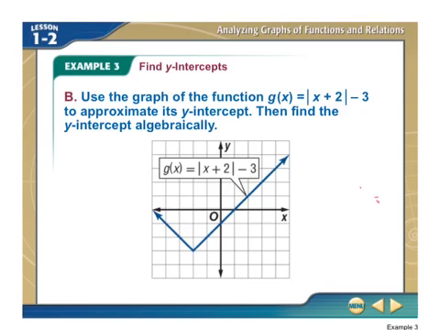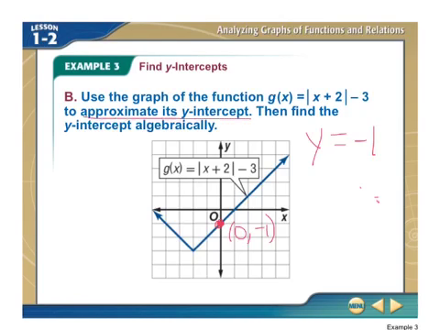So looking on the graph, we indicate where the graph crosses the y-axis, which is right at this point, (0, -1), which makes the y-intercept, or the y value where the graph crosses the y-axis, -1. Okay, that is our approximation.